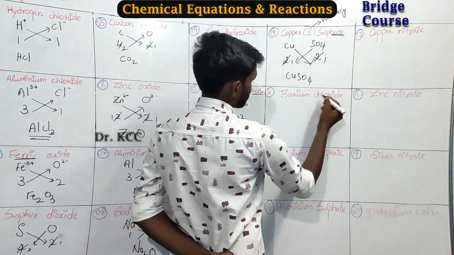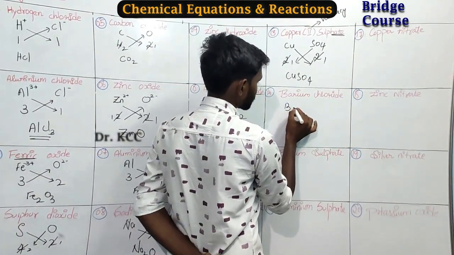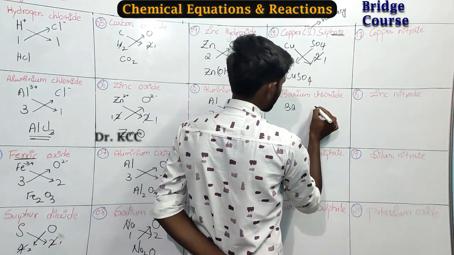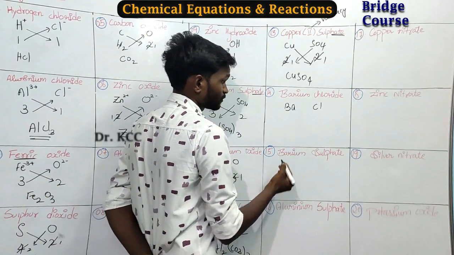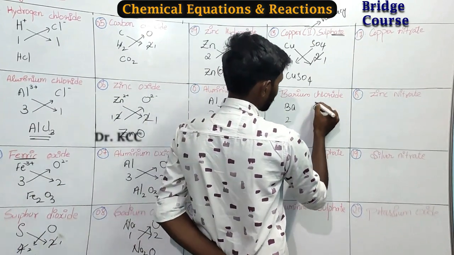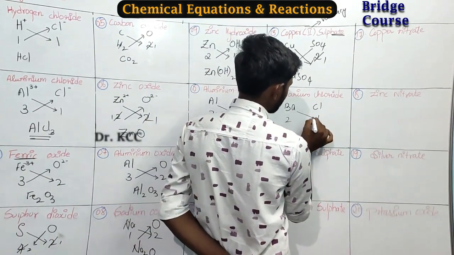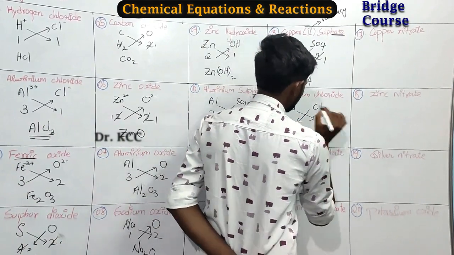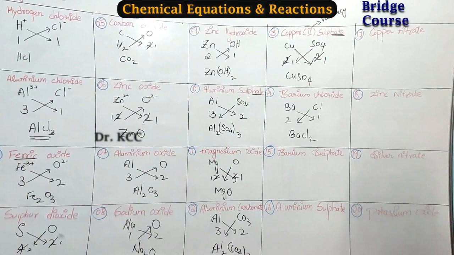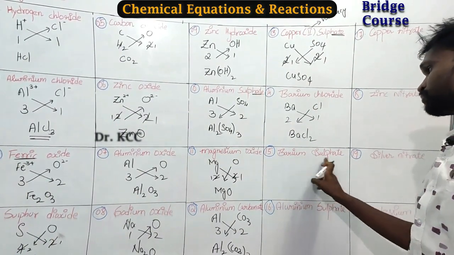Then barium chloride. The symbol for barium is Ba. Chlorine is Cl. Valency of barium is 2. Valency of chlorine is 1. Now cross multiply, you will get BaCl2. Done.